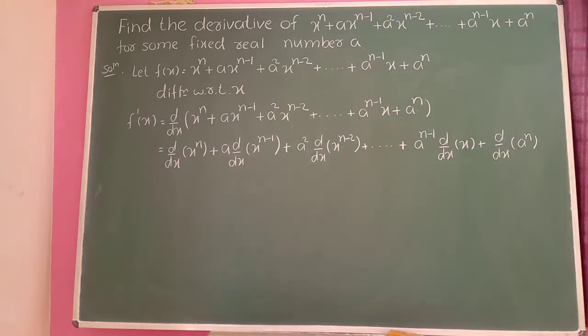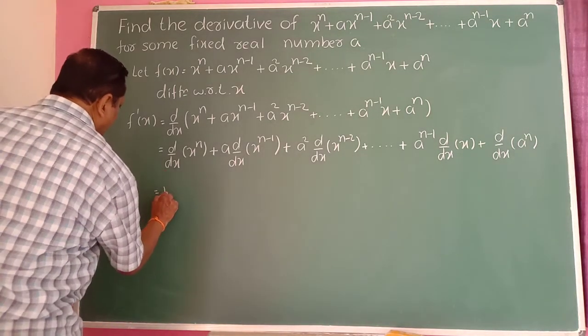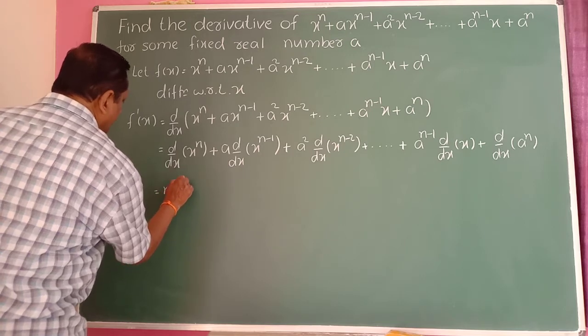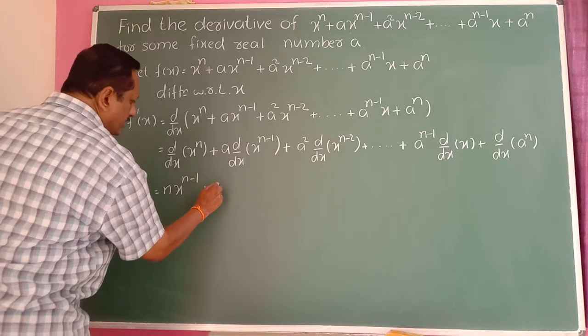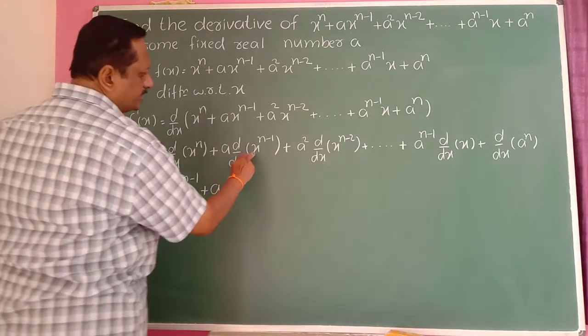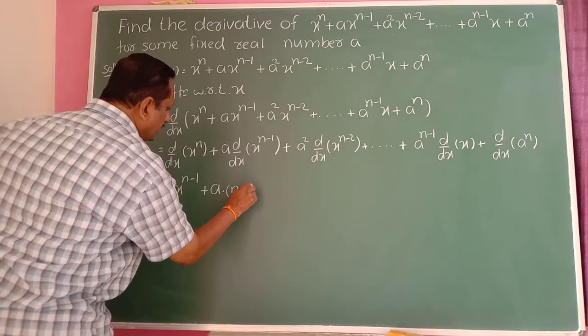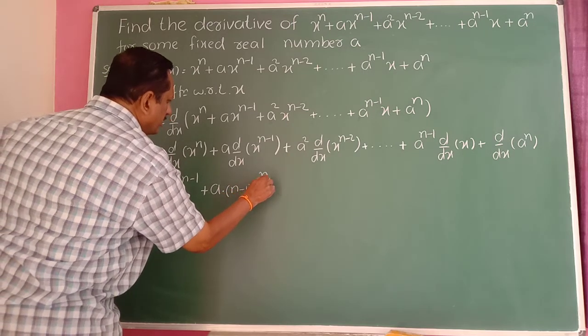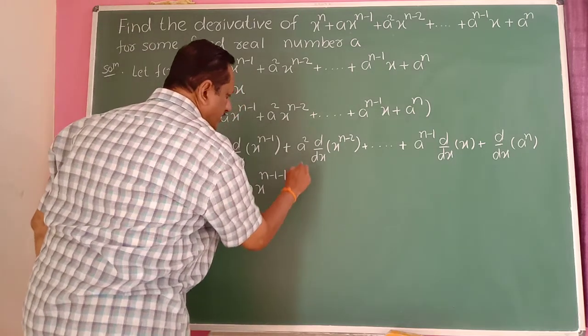So you know differentiation of x raised to n is n into x raised to n minus 1, plus a constant as it is. X raised to n minus 1 differentiation is n minus 1 into x raised to n minus 1 minus 1, then plus a square is a constant.